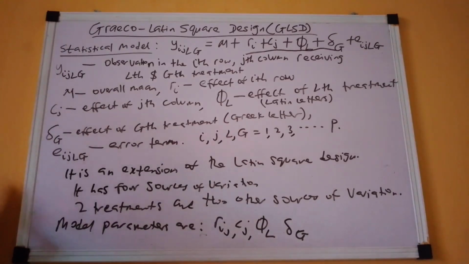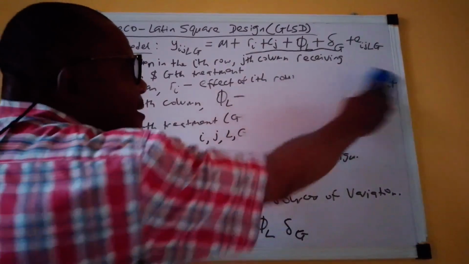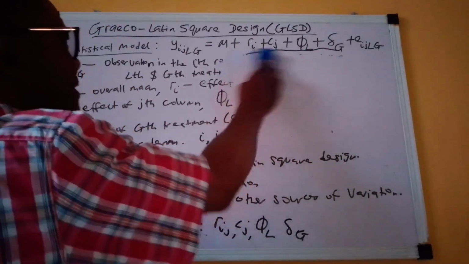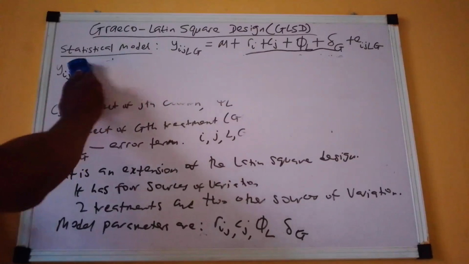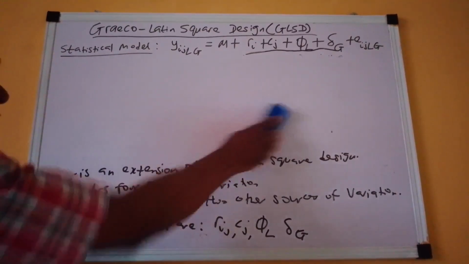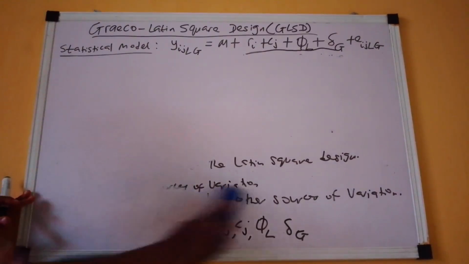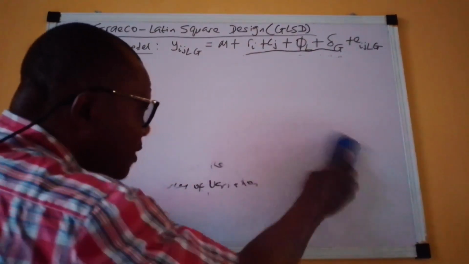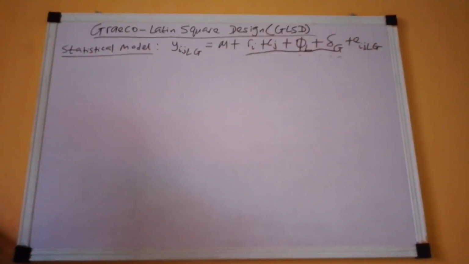Permit me to clean the board so that we can look at the hypotheses that are considered in the Greco-Latin square setting. We have four sets of hypotheses: one for the row effect, one for the column effect, one for the Latin letters effect, and one for the Greek letters effect.